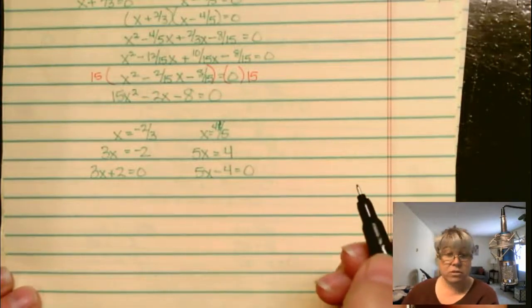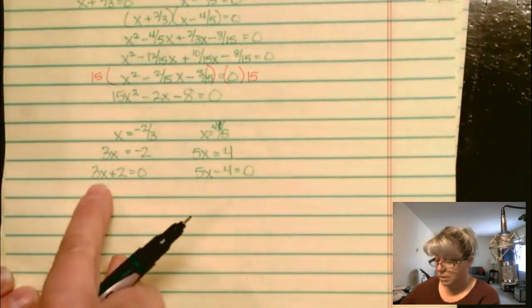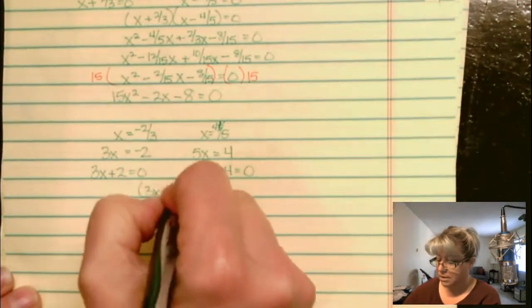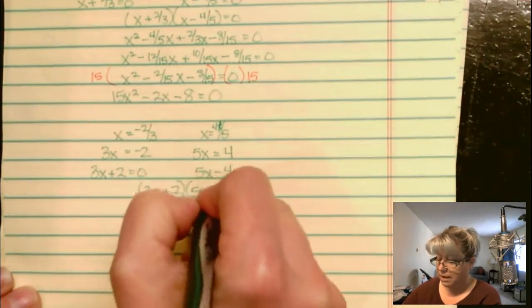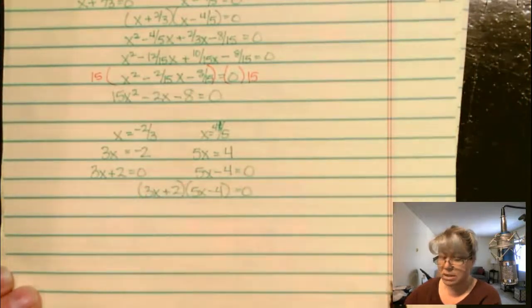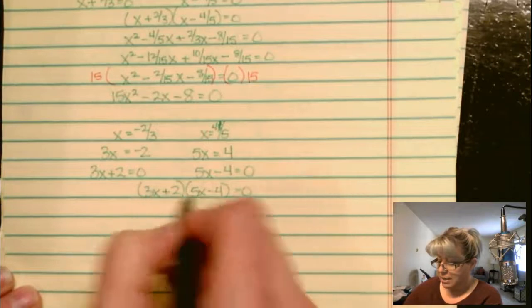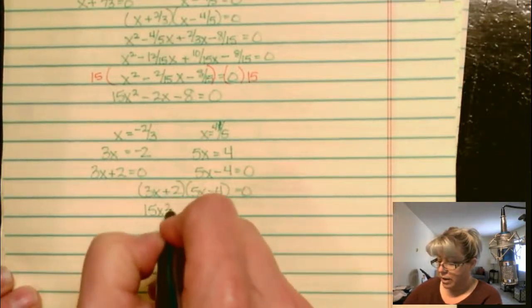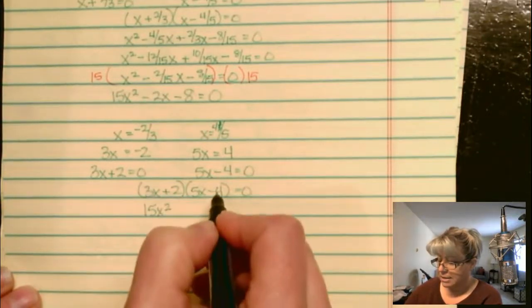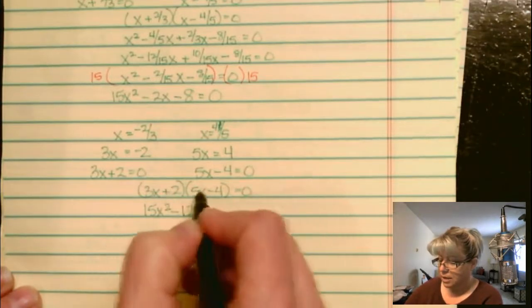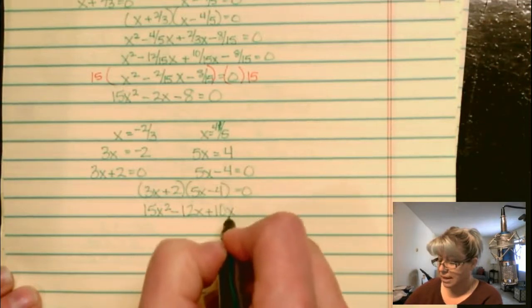Now I have my two factors, 3x plus 2 and 5x minus 4. 3x plus 2 times 5x minus 4 equals 0. And let's FOIL. 3x times 5x is 15x squared. 3x times negative 4 is negative 12x. 2 times 5x is positive 10x.